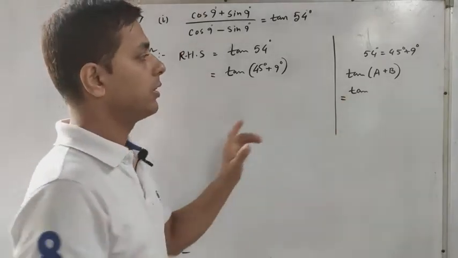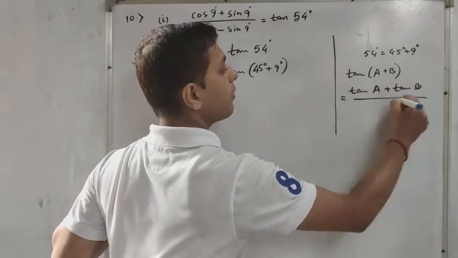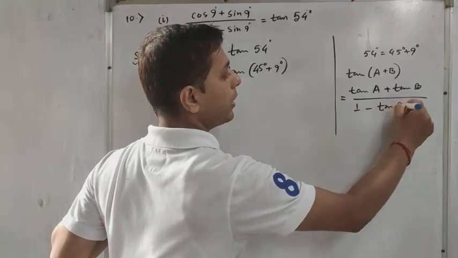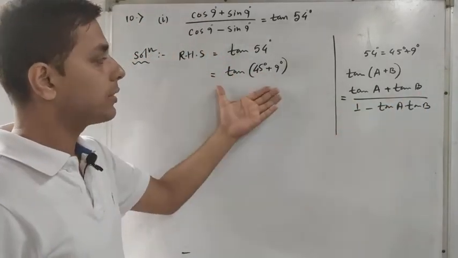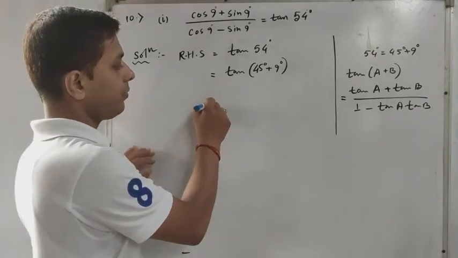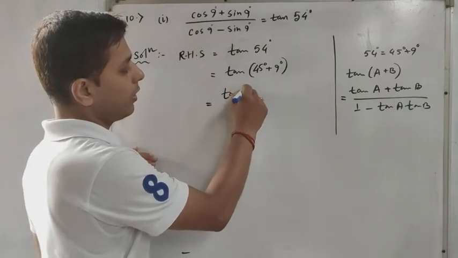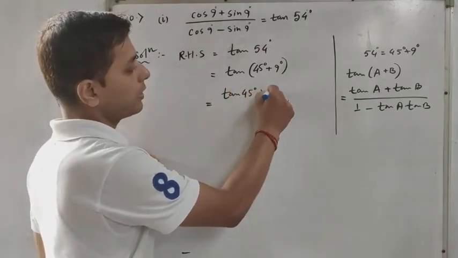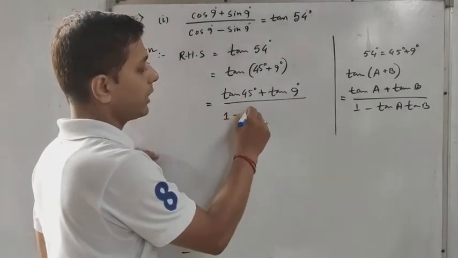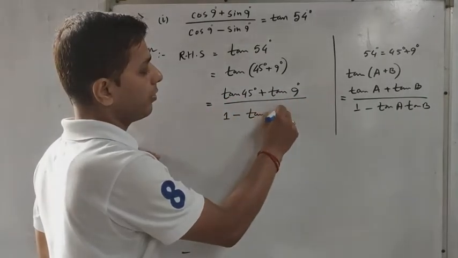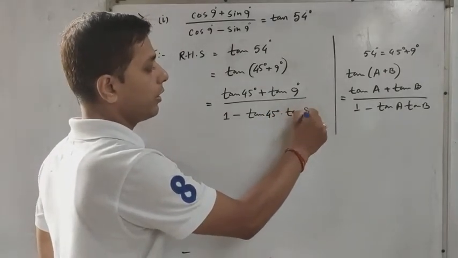Tan A plus B is tan A plus tan B divided by 1 minus tan A into tan B. That was the identity, so let us apply the same identity here also. It is of the form tan A plus B. So tan A, tan 45 degree, plus tan B, that is tan 9 degree, divided by 1 minus tan A, that is tan 45, into tan B, that is tan 9.